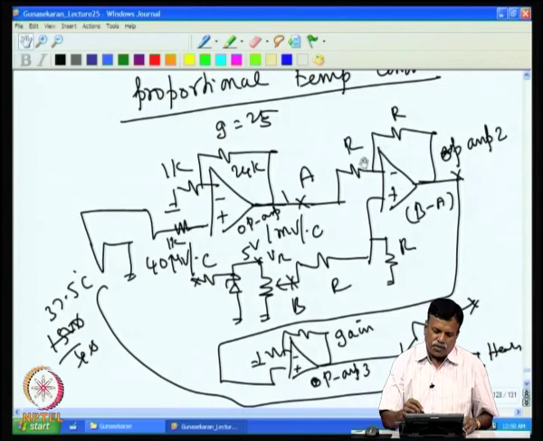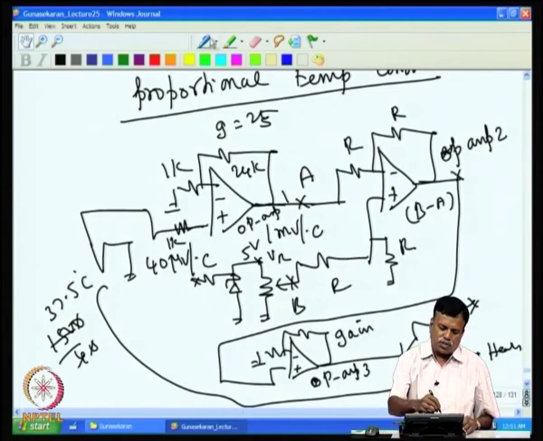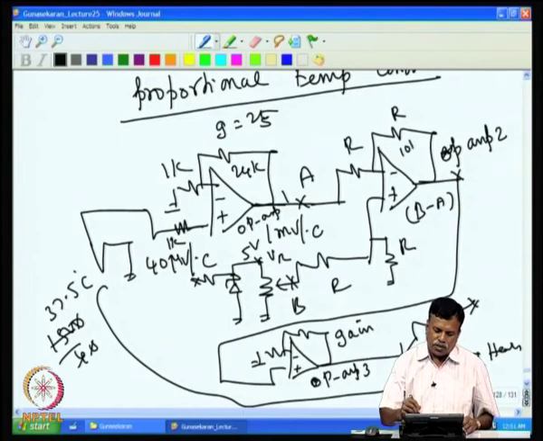So, this need not be a very low offset voltage drift op amp, because very low offset voltage drift op amps cost more. The difference only is amplified here. Of course, the resistance values used should not be very high. So, this value is to be 10K.